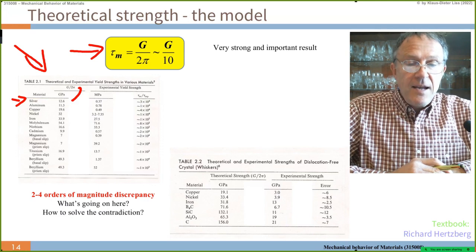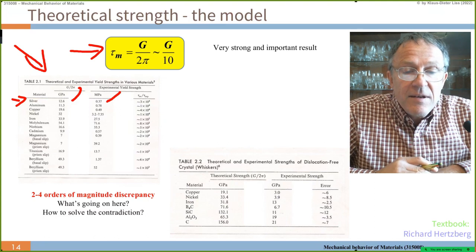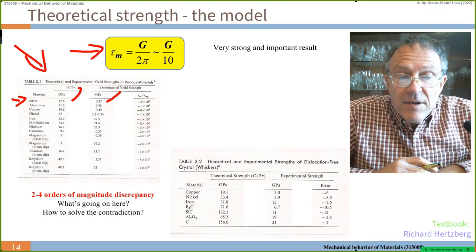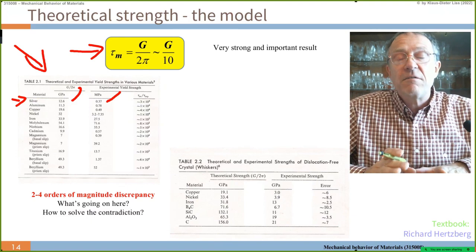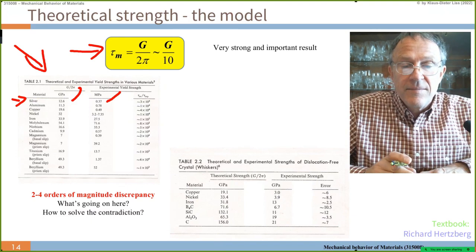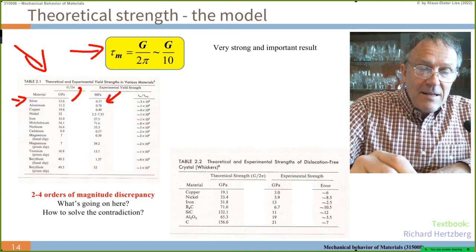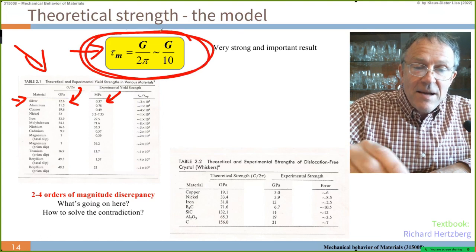In the experiment, I measure a yield stress of 0.37 megapascal. Oops, that does not fit at all. So the experimental is much smaller than the theoretical estimated by this rough formula.